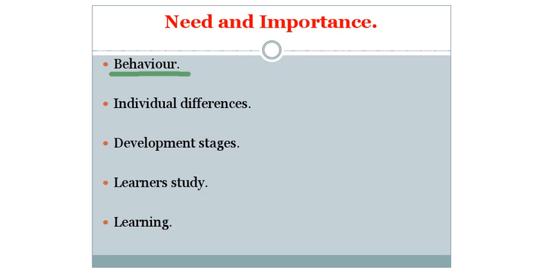Number 2: individual differences. Educational psychology studies individual differences and suggests ways and means to provide education to all types of people. No two individuals are alike.